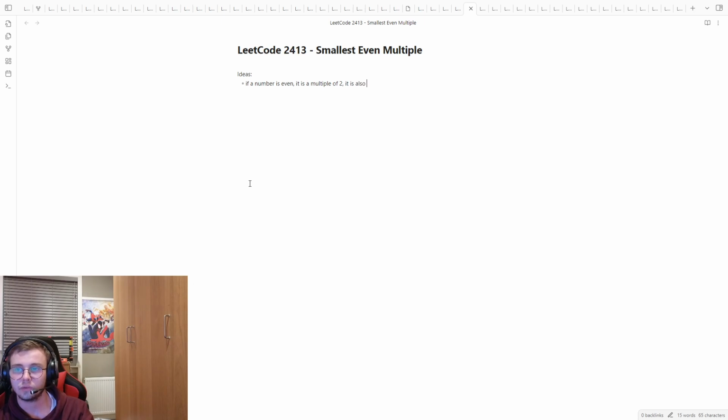It is also a multiple of itself. So just return the number. Otherwise, the next multiple would have to be whatever the number is multiplied by 2.